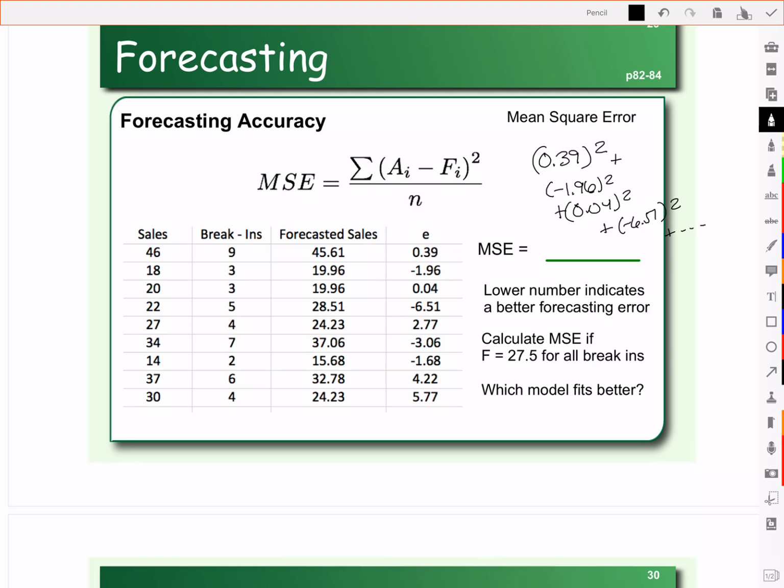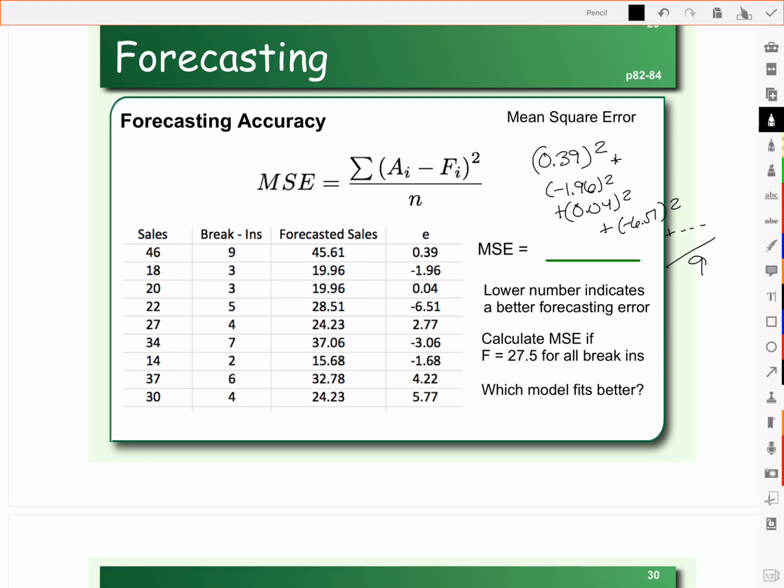And it's an average, so we add it all up, and then we divide it all by the number of numbers, which, I believe, we had 9 numbers there. So we square each error, we add them together, we divide by the number.